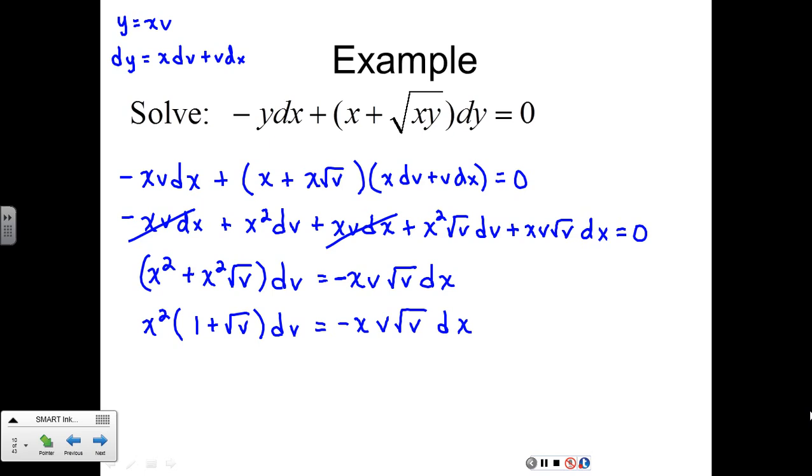Okay. Separation, divide by x squared on both sides, and by v radical v on both sides. How hideous.